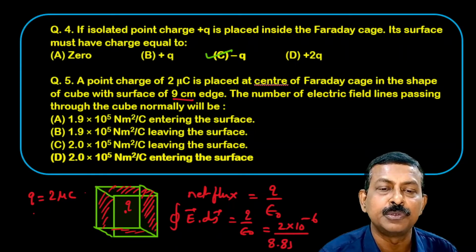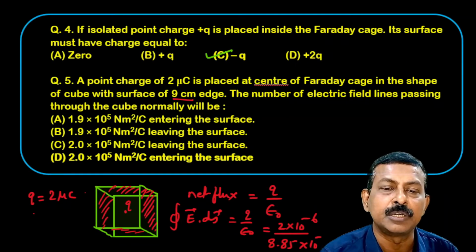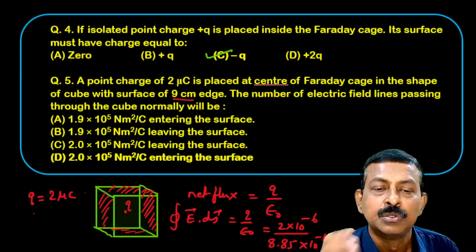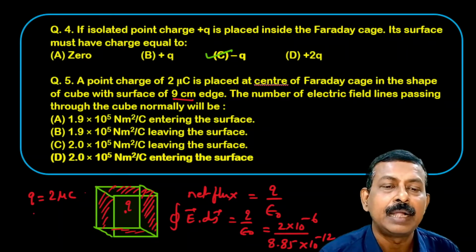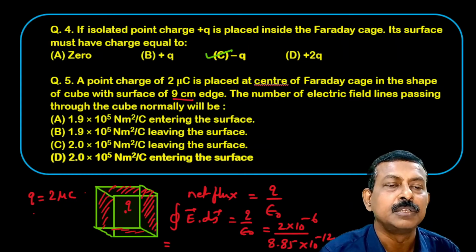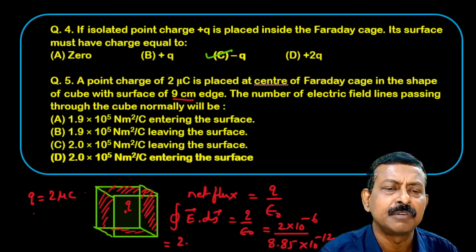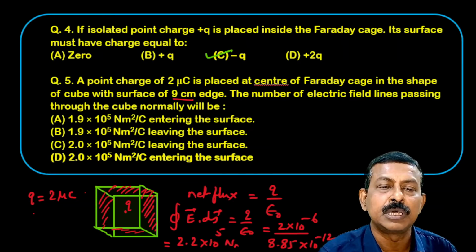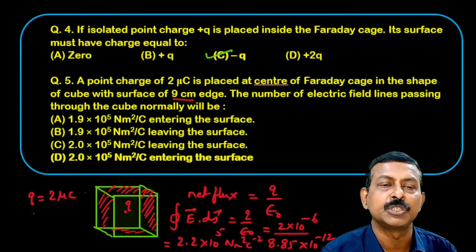If you take epsilon naught as 8.85 into 10 to the power minus 12, that is the numerical value. If you simplify this, you will get roughly 2.2 into 10 to the power 5 Newton meter square per coulomb.